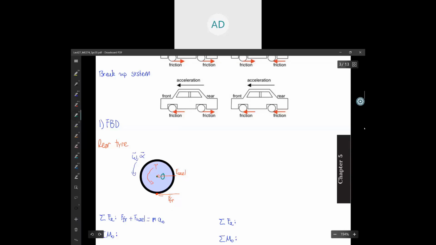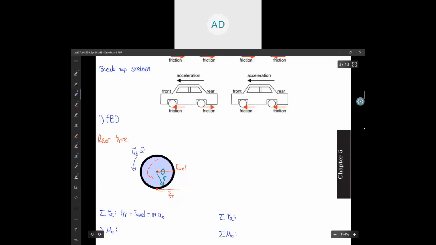Now this tire will have a radius of r, and hence for the torques acting on the tire, if we take moments about point O, which is our center of gravity, then the torque from the friction force is negative, and we have the positive torque from the engine of the car, and this should be equal to the mass moment of inertia of the wheel times the angular acceleration.